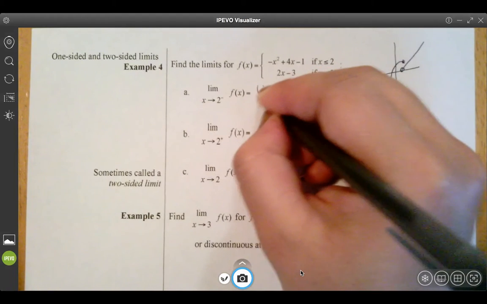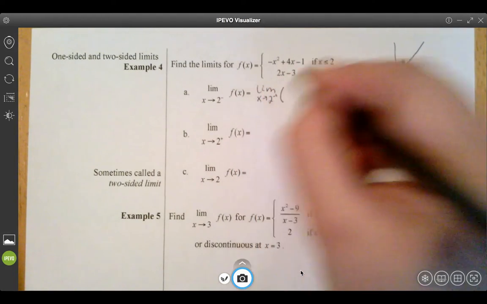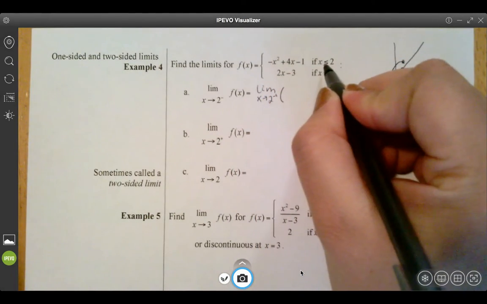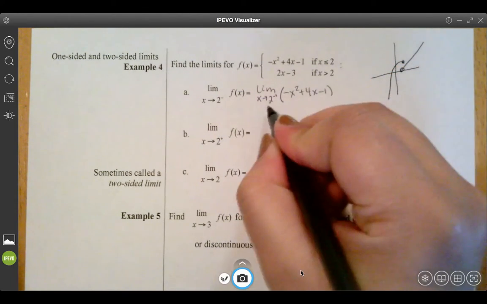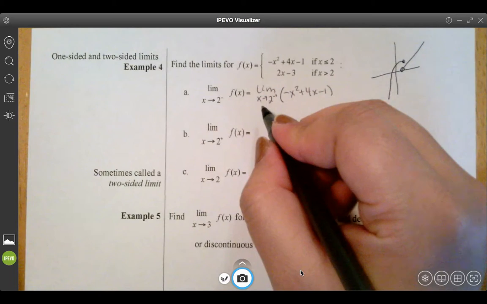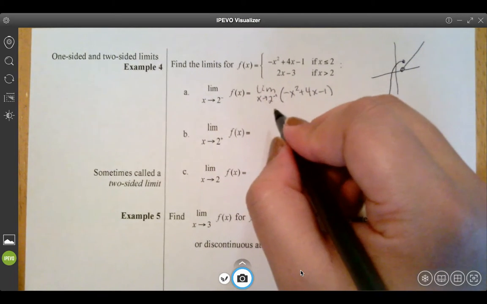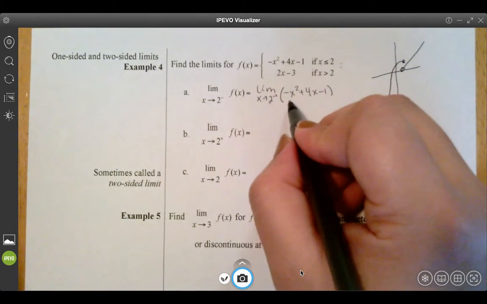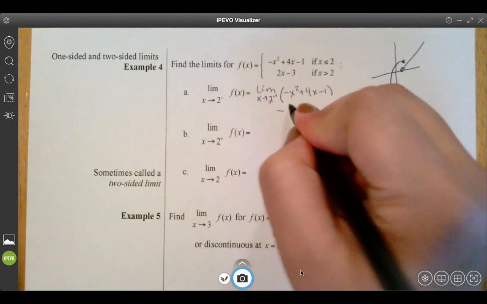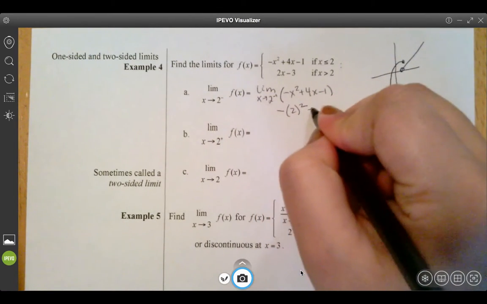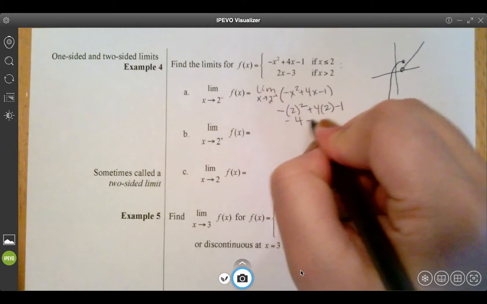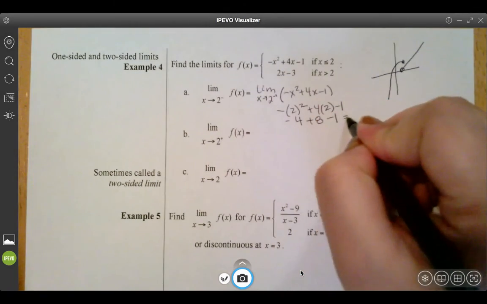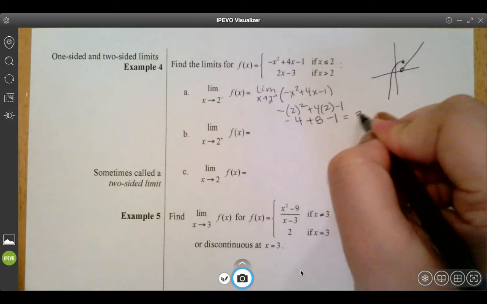The limit as x approaches 2 from the left is when x is less than 2: negative x squared plus 4x minus 1. Now a parabola is continuous at 2 from the left, and so we can substitute. Negative 2 squared plus 4 times 2 minus 1. Negative 4 plus 8 minus 1. That's 4 minus 1, which is 3.